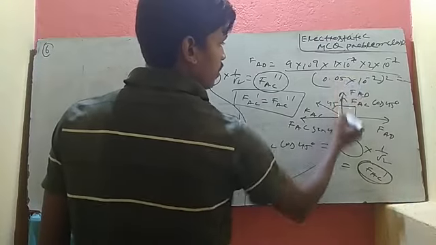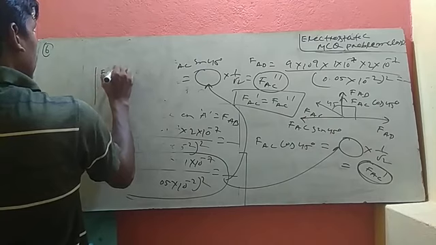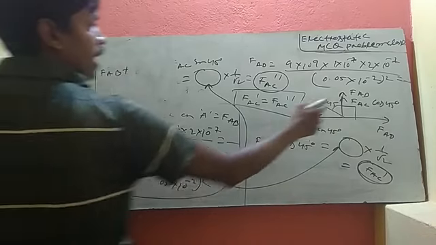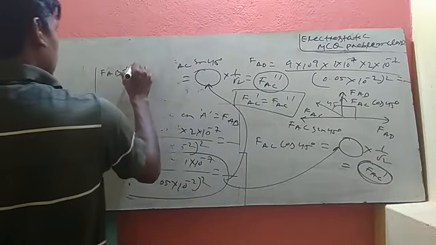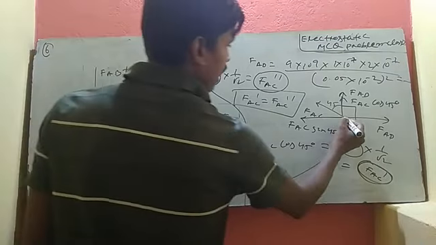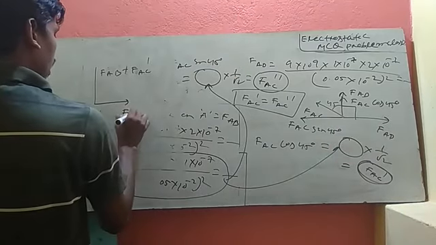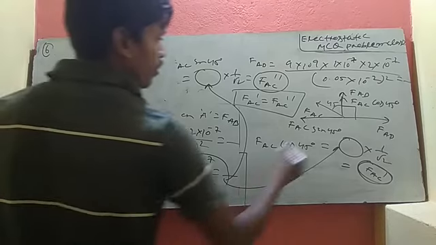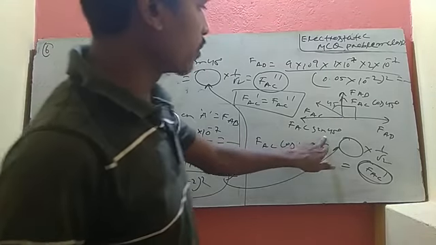Here FAB plus FAC cos 45, FAC dash. Similarly, this force is FAD. Here FAC sin 45.